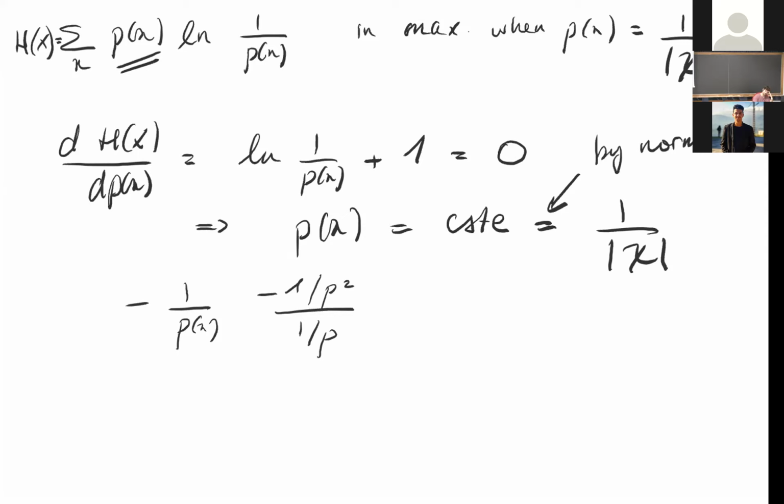And this is positive or negative? Negative. So it is a concave function of p. So I was making a mistake: if you multiply concave functions, it's not necessarily concave. When you sum concave functions it remains concave, or if you sum convex functions it remains convex, but not when you do products. That was my mistake.